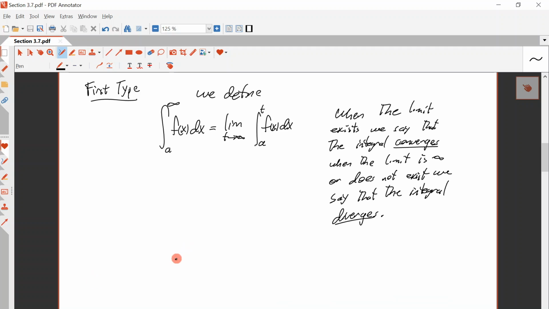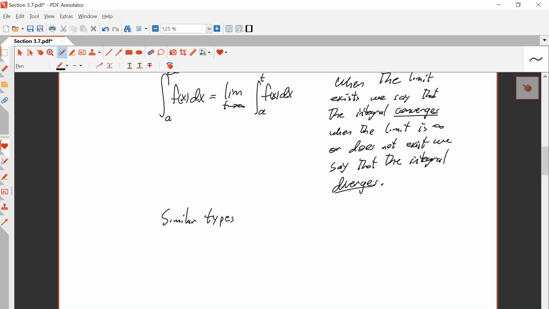Okay, so similar types. The integral from minus infinity to b, f(x) dx, is going to be defined as the limit as t goes to minus infinity of the integral from t to b.